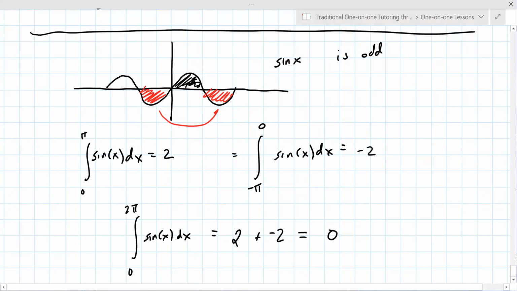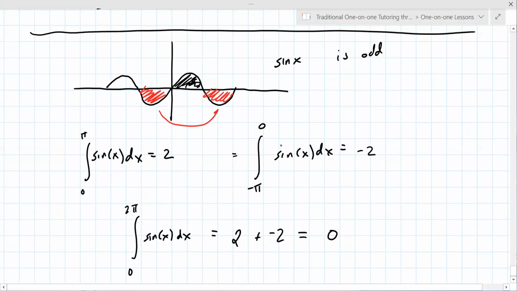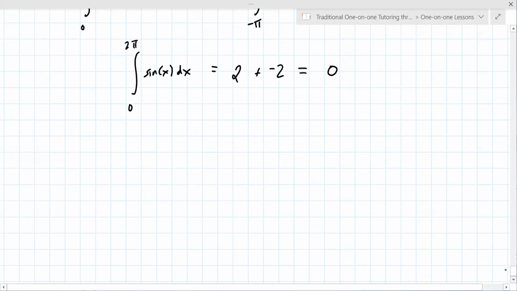And for that last one, from -pi to pi, it's 0, right? Yes, that's right. We can always pick up here next time.